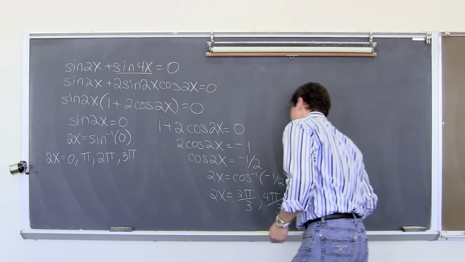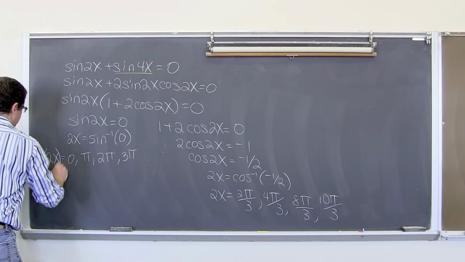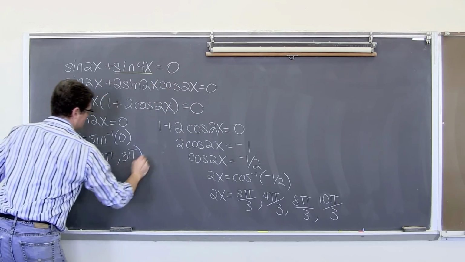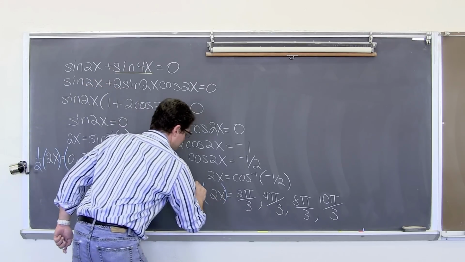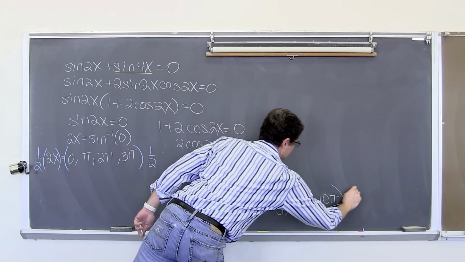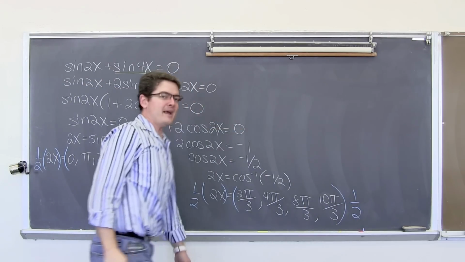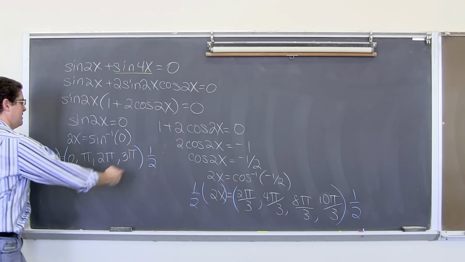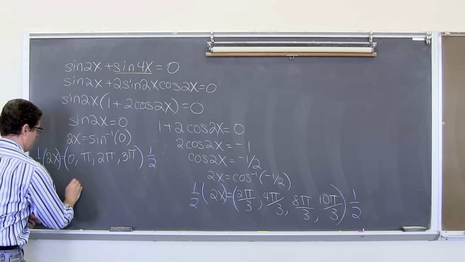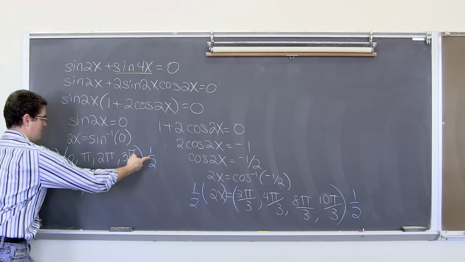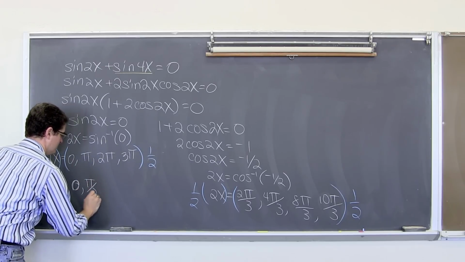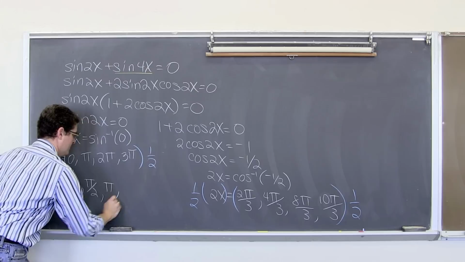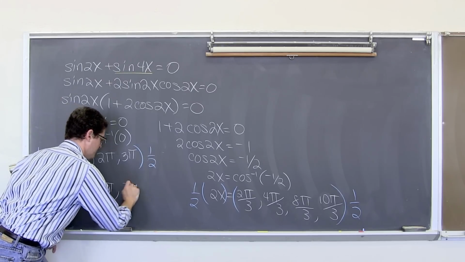Multiply everything by a half. And we get 0, pi over 2, pi, 3 pi over 2.